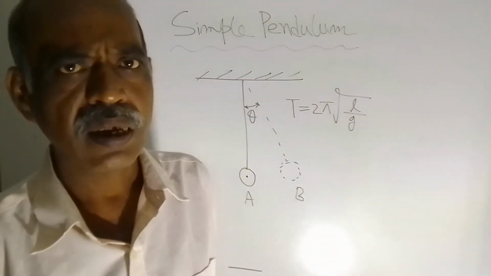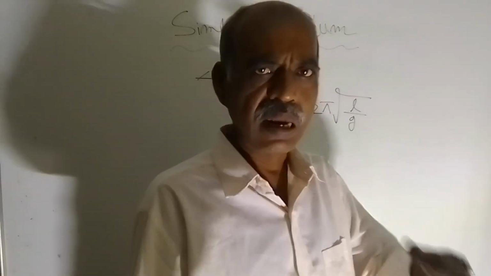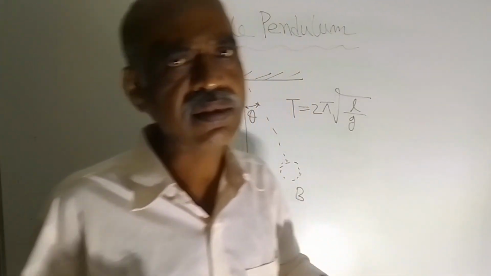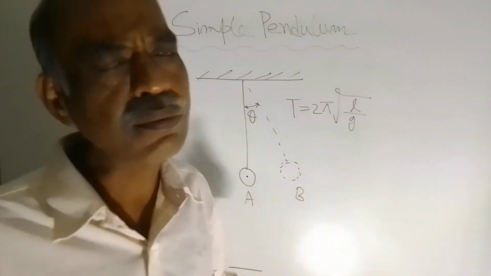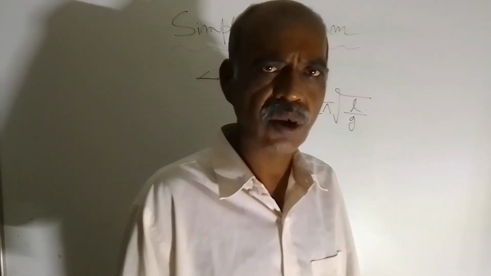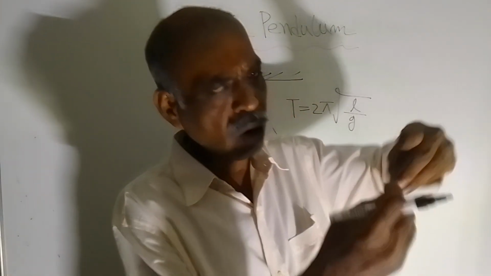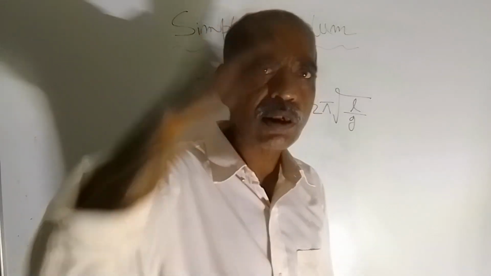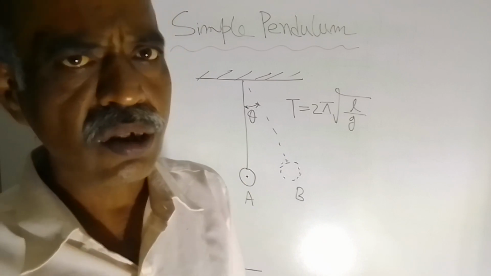If the length is like 1 meter, 2 meter, half meter, etc., then throughout that length we can easily assume that acceleration due to gravity remains constant. But in the case of 500 km, acceleration due to gravity does not remain constant.